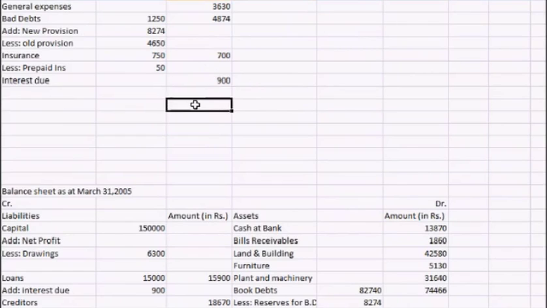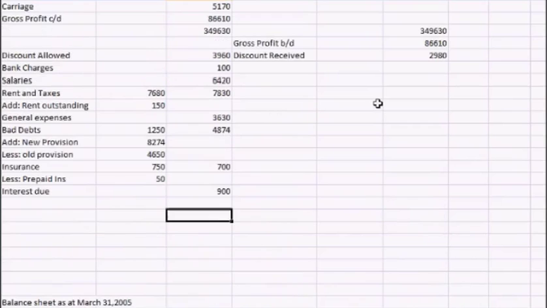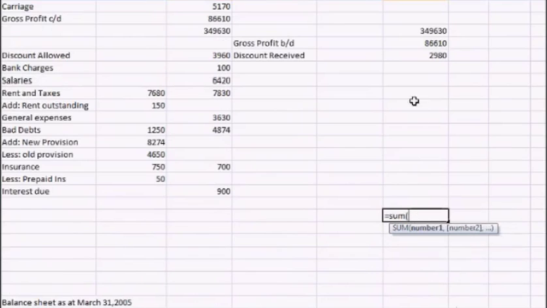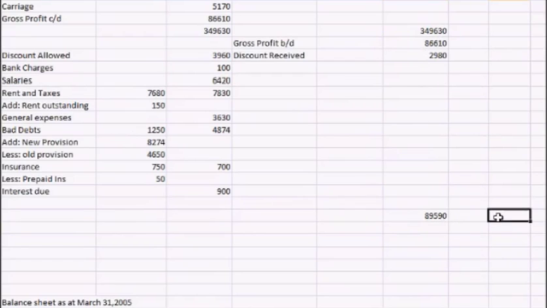We'll balance the profit and loss account now, so we'll take the sum again. Take the sum on the opposite side, or you can say the debit side.